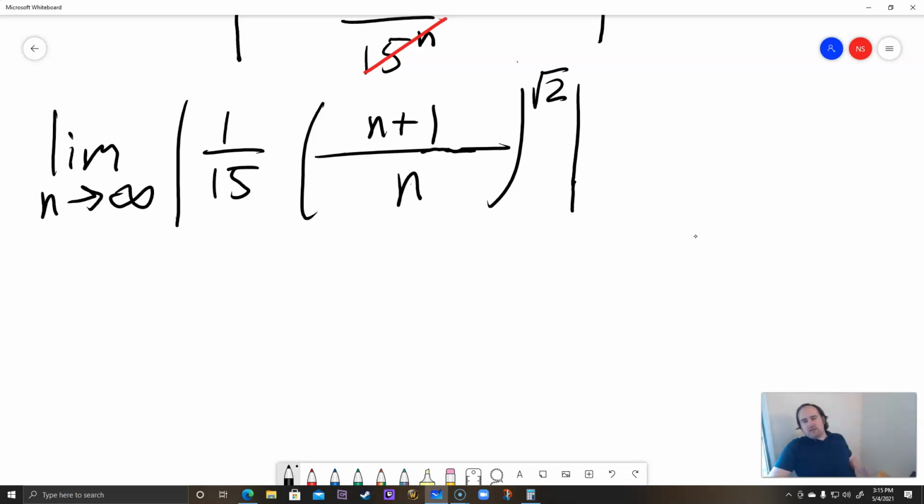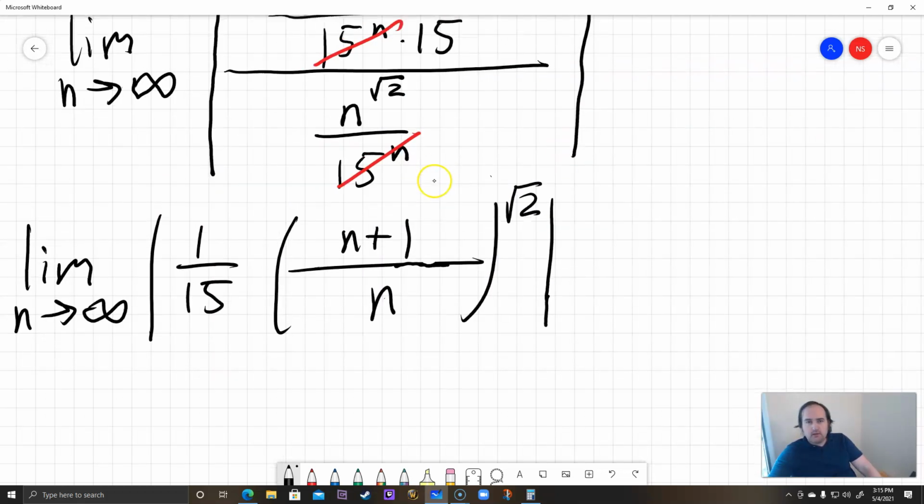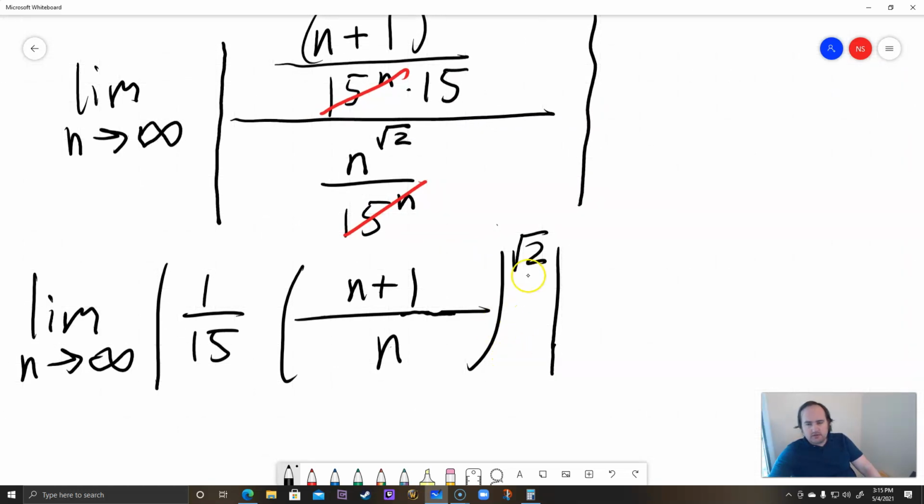So we have the limit as n goes to infinity of absolute value of 1 over 15 times parentheses n plus 1 over n, quantity to the root 2. All I did there was factor out the root 2 of the exponent.